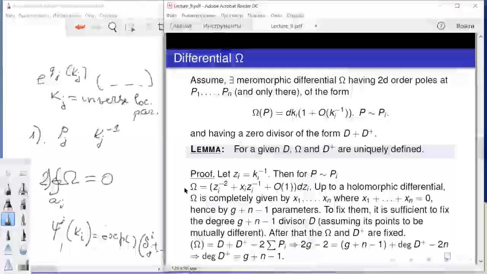It is equal to the residue of the one form omega, and hence the only condition on the numbers xi is the following: their sum should be equal to 0 by the theorem on residues.